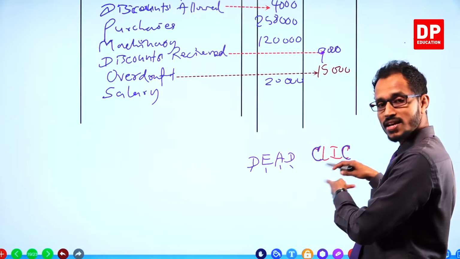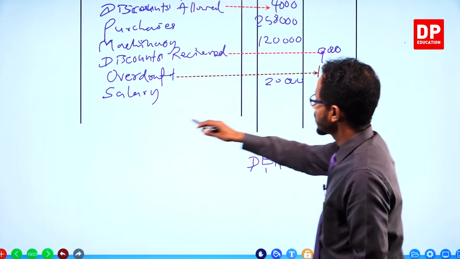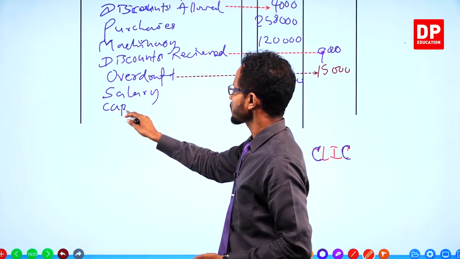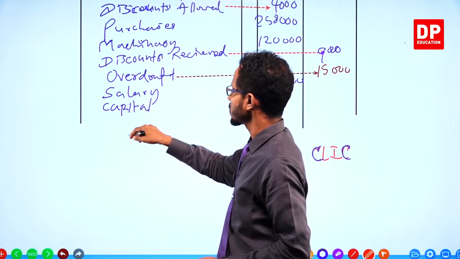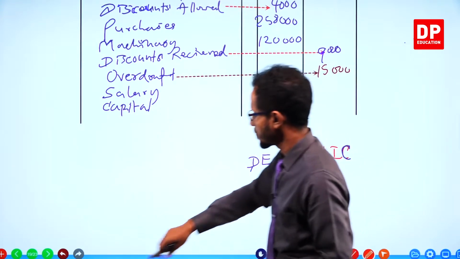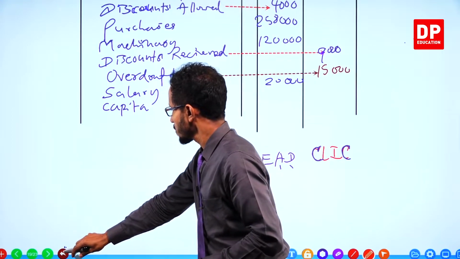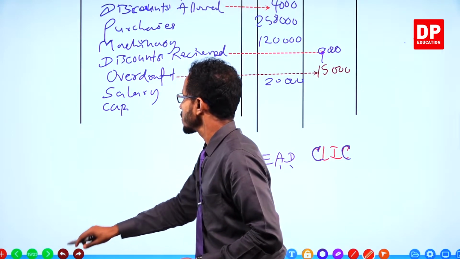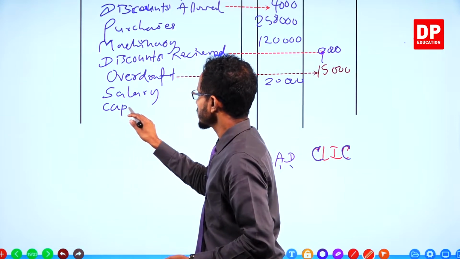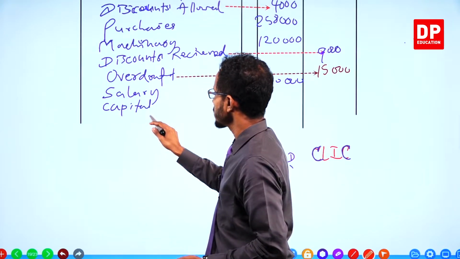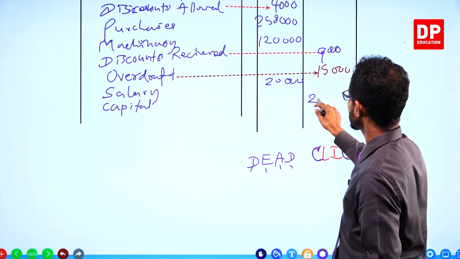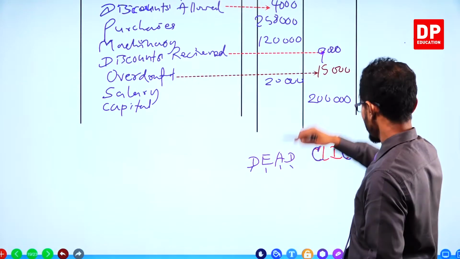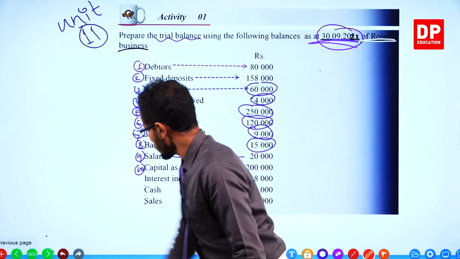That means in the credit side. We'll write capital 200,000 in the credit side. There you go.